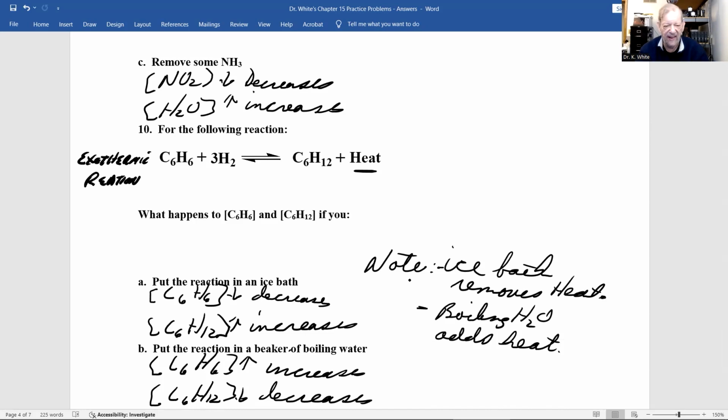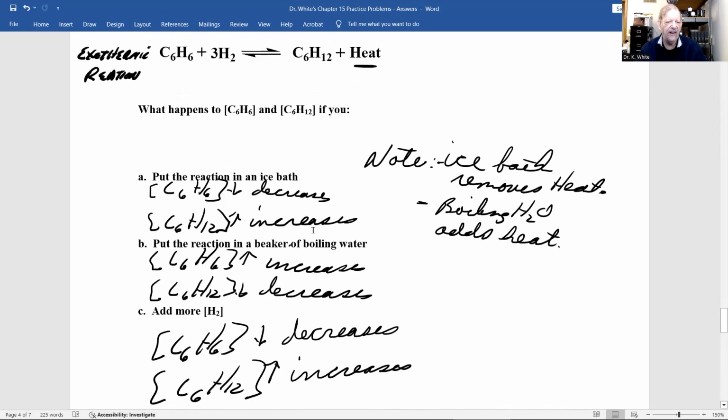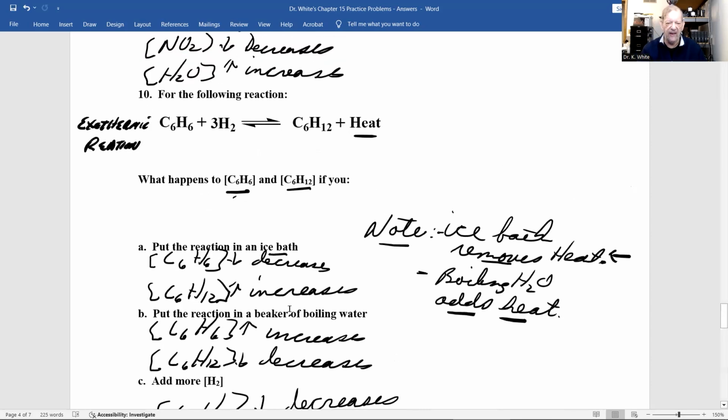So I'm asking what happens to the concentrations of benzene, C6H6, and C6H12 if you put it in an ice bath. Note, an ice bath removes heat. And later on, boiling water, if you put it in there, adds heat. So when we put it into the ice bath at equilibrium, there's a certain amount of heat.